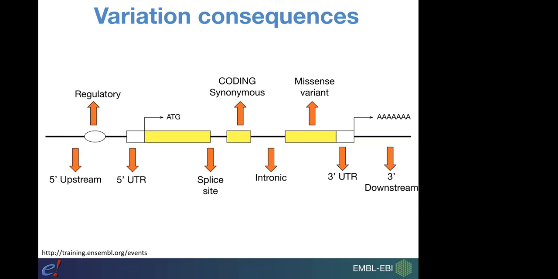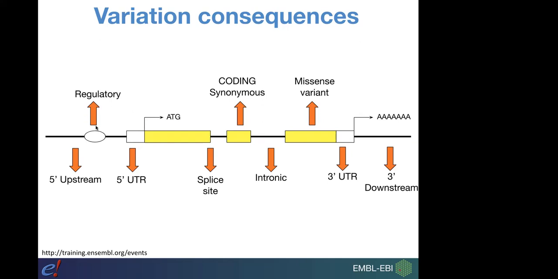The way that the consequence pipeline works is that we predict consequences of the variants that we import into our database. The process of how we predict the variant functional consequences is that we take each variant one by one and we plot where it falls along the genome. If you imagine this black line as the reference genome, where a variant falls in the context of a gene is then going to determine its functional consequence.